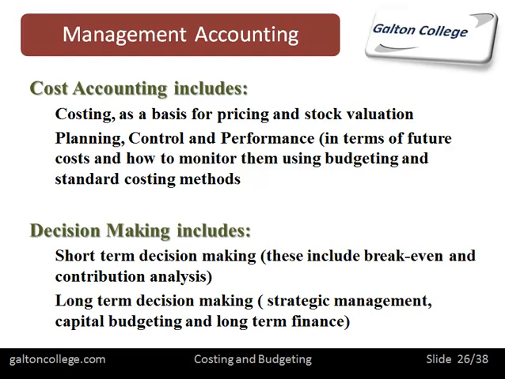Decision making includes short-term decision making, for example, looking at break-even and contribution analysis. In other words, looking at how much the product is being sold for and what proportion of the revenue generated can go to pay the overheads of the business, as well as pay the costs of production. But also looking at long-term decisions, looking at strategic management and capital budgeting and long-term finance, because the business must plan ahead.